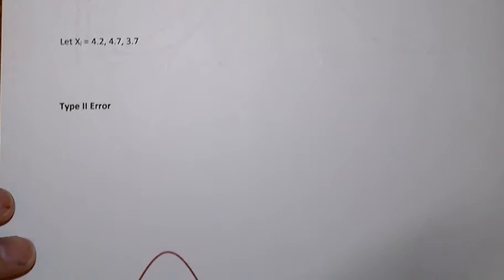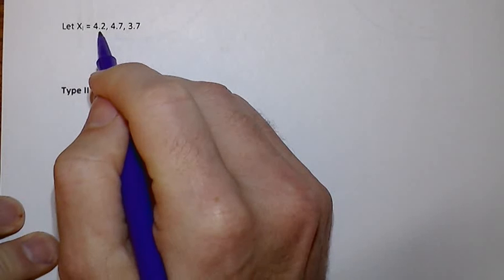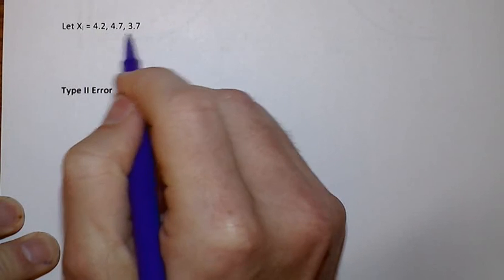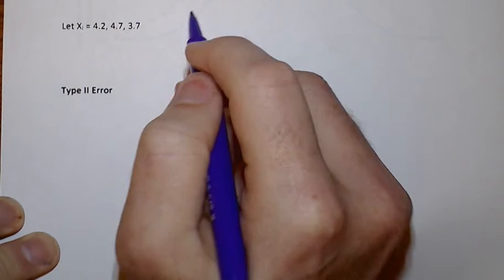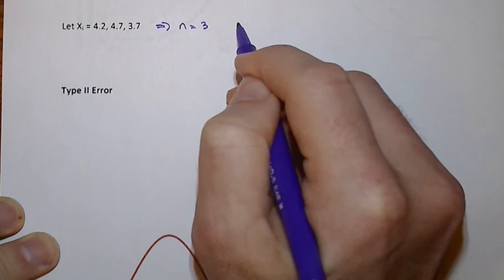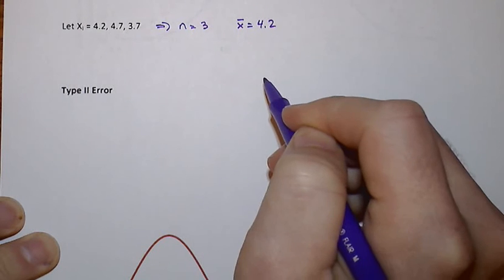Look at this in terms of some additional data here. Now we've gone and we've actually done our test, and we sampled from 3 different batches, and here are our values for the asphalt content. And here it's pretty easy to tell that with n equal to 3, our x bar is equal to 4.2.